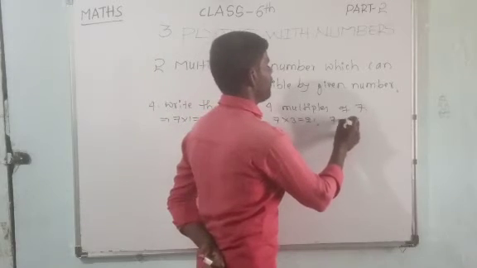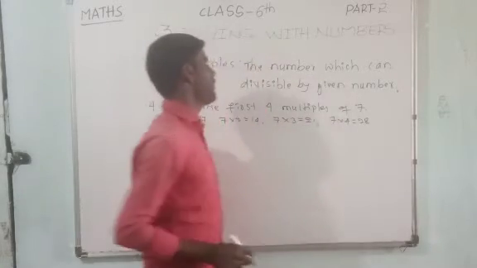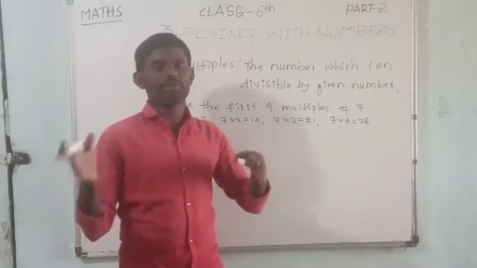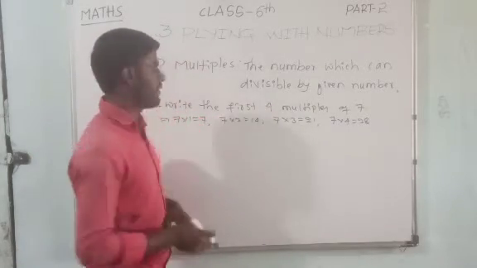Then 7 into 4 is equal to 28, fourth multiple. These are 7, 14, 21 and 28. These are the first four multiples of 7.